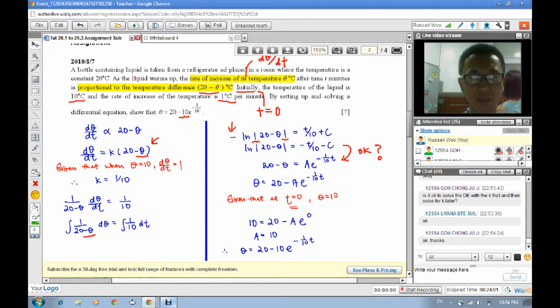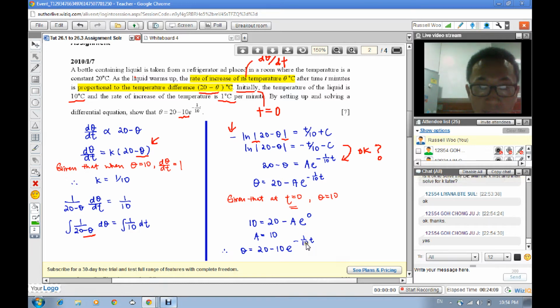Am I right, Justin? Yes, you can, because the only way to solve for k is to substitute back into the DE. The rest okay? Good?